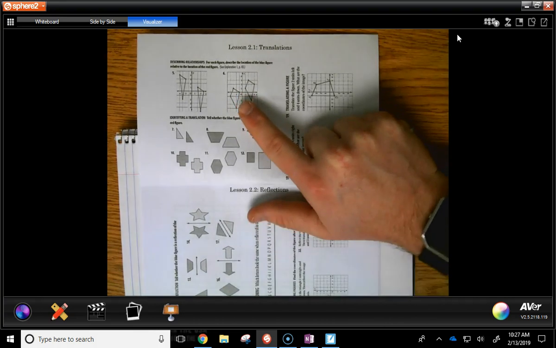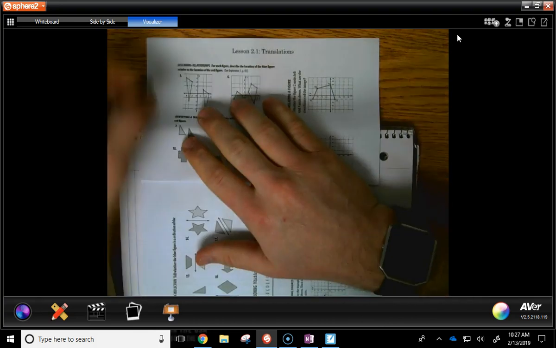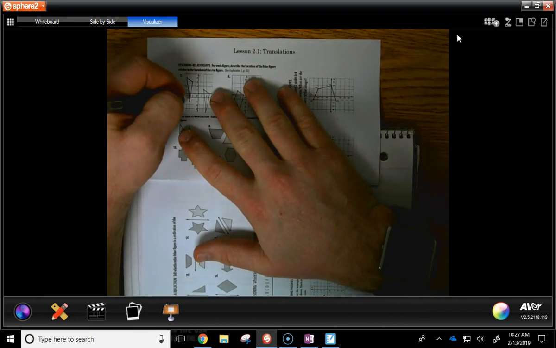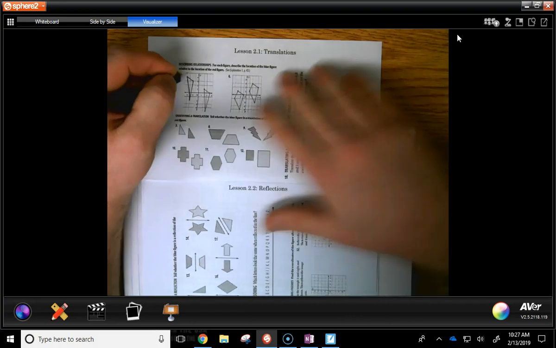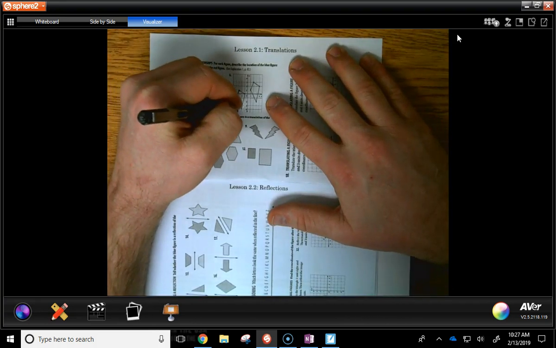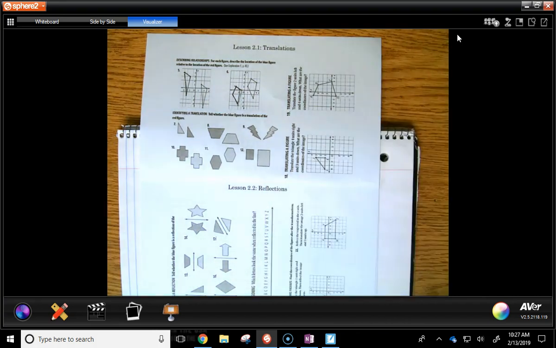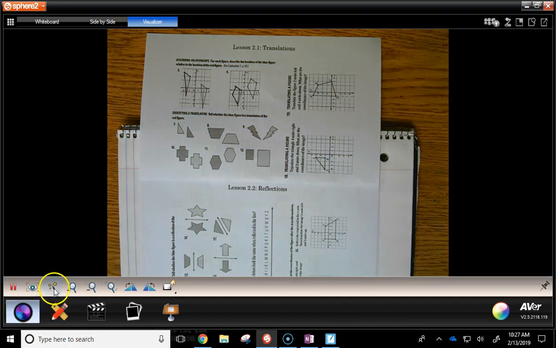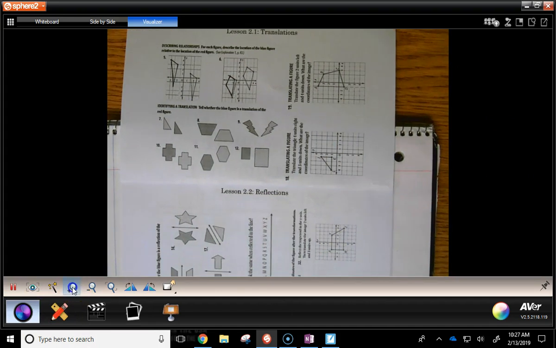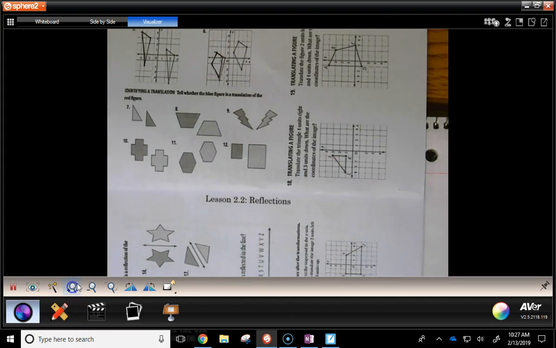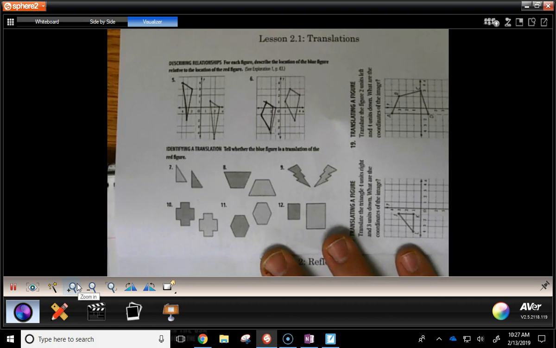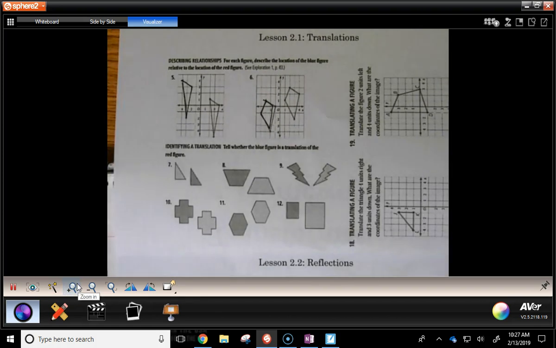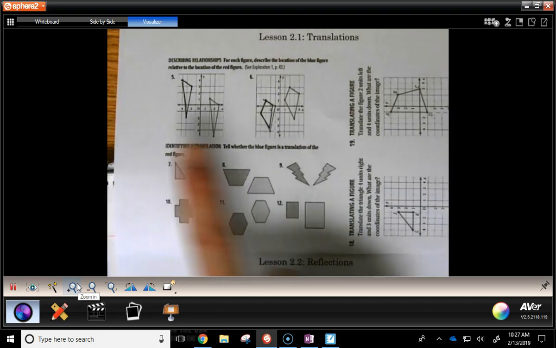Well, we can't tell which one's blue. So we'll just say the first one's on the left. Pay close attention to this because I'm changing a little bit what I'm asking you to do. Let's zoom in on this. Okay. I want you, on the first two, you're describing the translation from the figure on the left to the right.